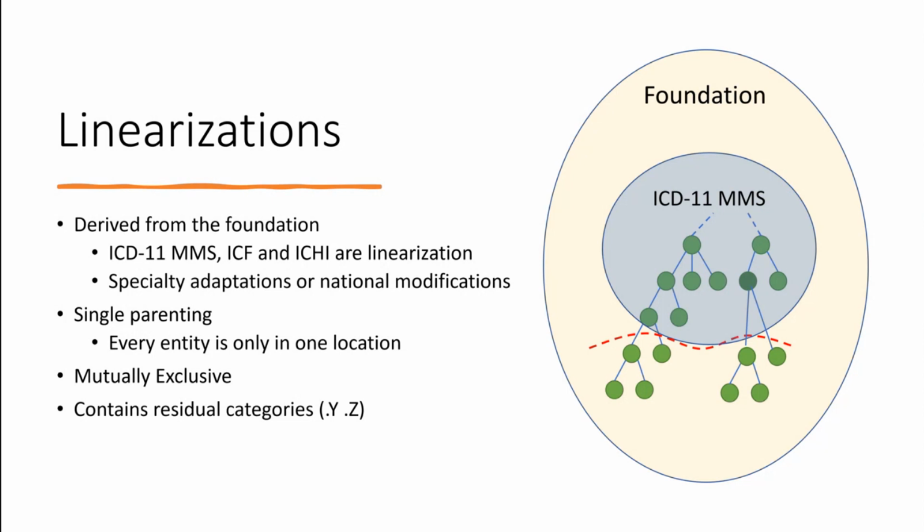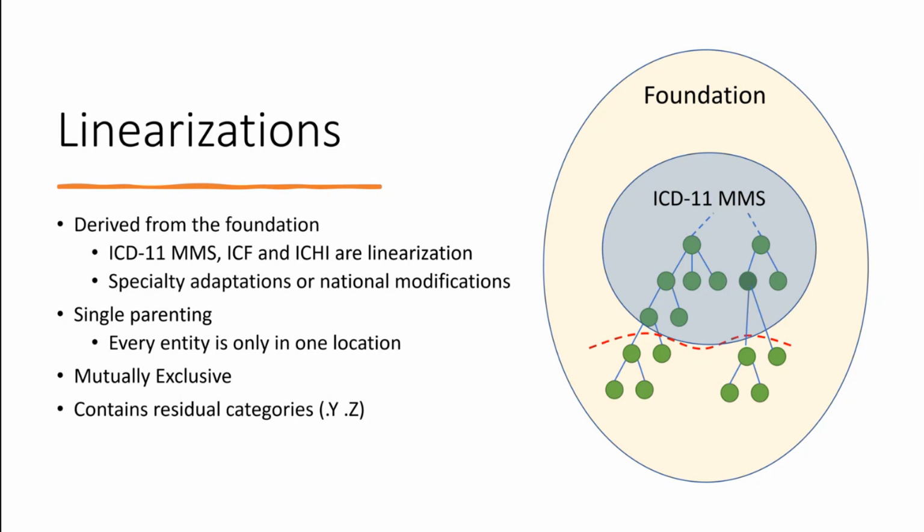So the actual content, we edit in our authoring platform, we just edit the foundation, and there we select which ones go to this MMS, for example, or ICHI or ICF for that matter. And then one needs to decide where this category will be located in the actual classification.